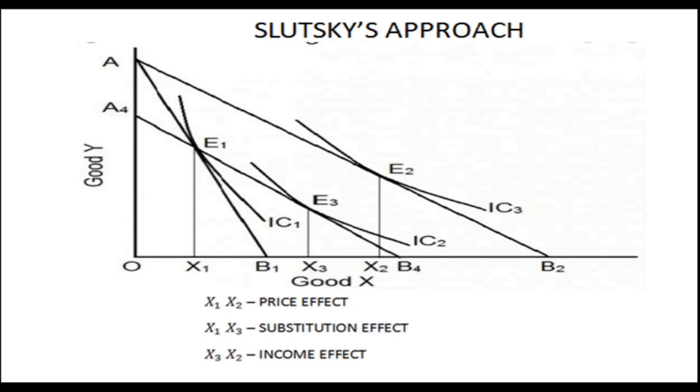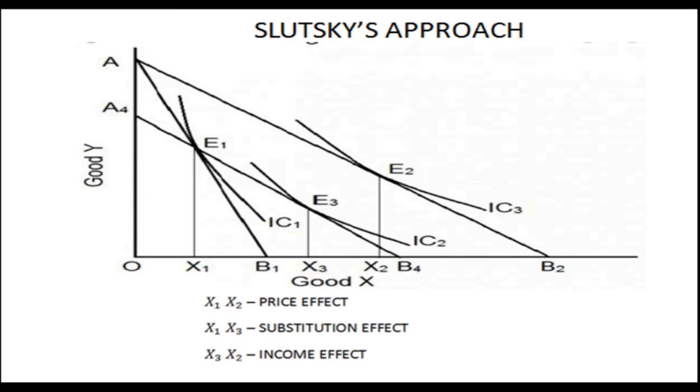And he suggested that it is a little bit difficult to derive the substitution effect, but it is quite easy to derive the income effect. So in order to derive the income effect, Slutsky suggested a method.